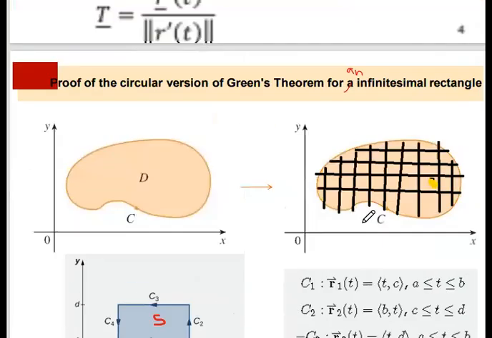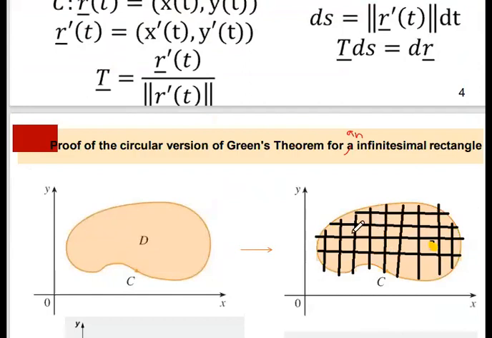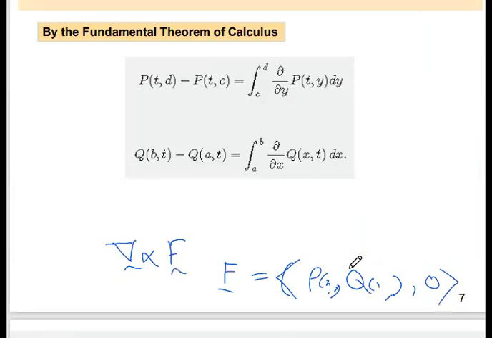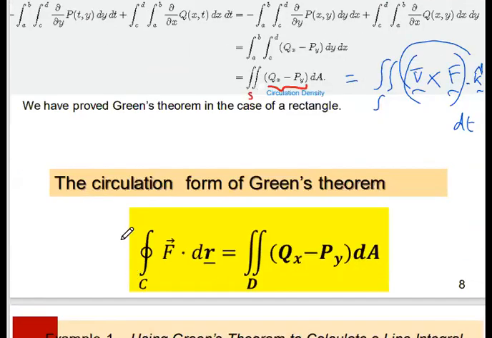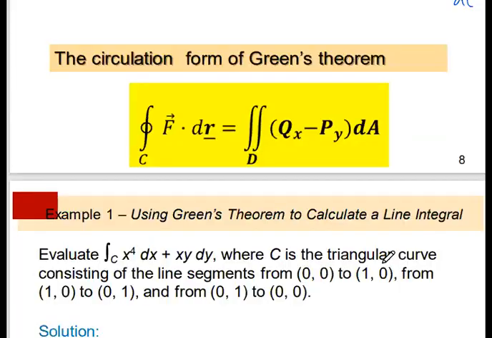You don't get any effect inside the boundary because these things cancel. Finally, what you get at the boundary is the circulation of the field along this boundary. So that is the first version of Green's theorem.